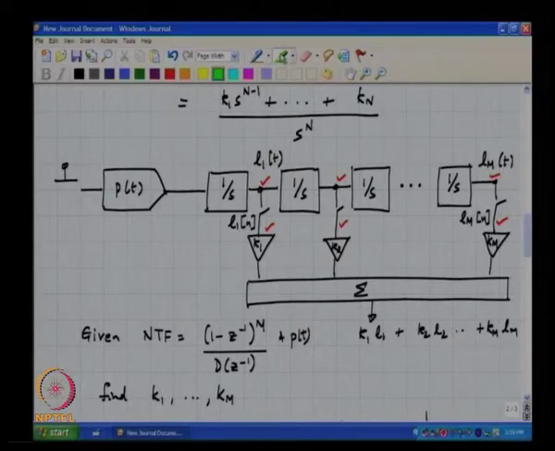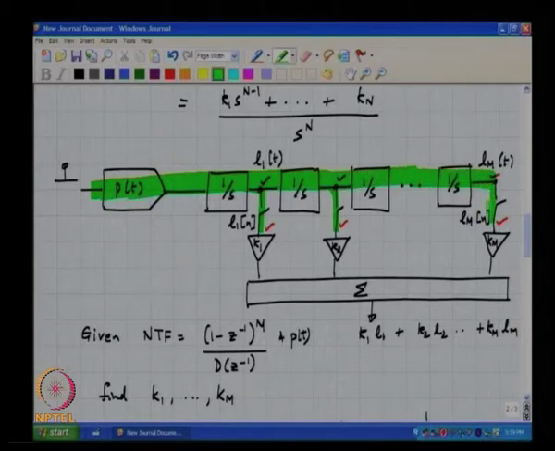Please note that all we are doing is linearly combining the impulse responses of P of t driving 1 over s, P of t driving 1 over s square, P of t driving 1 over s to the power n.